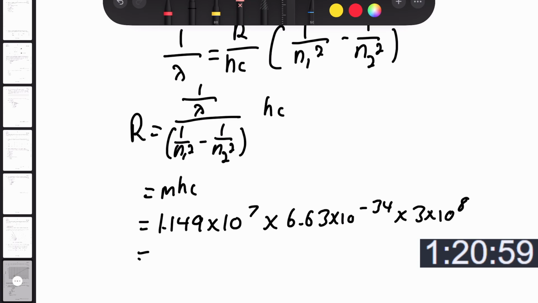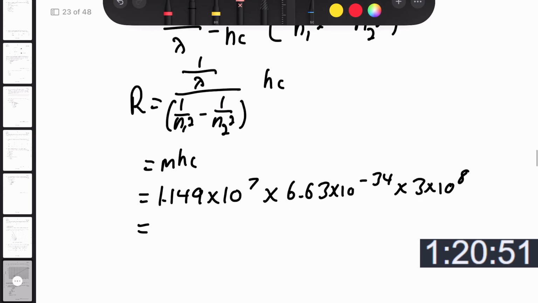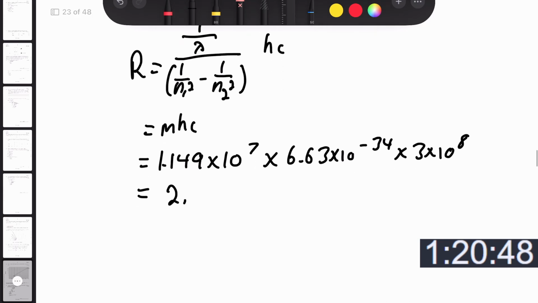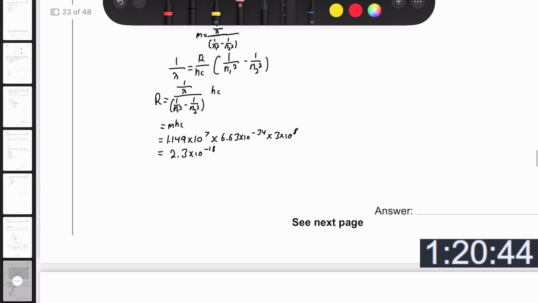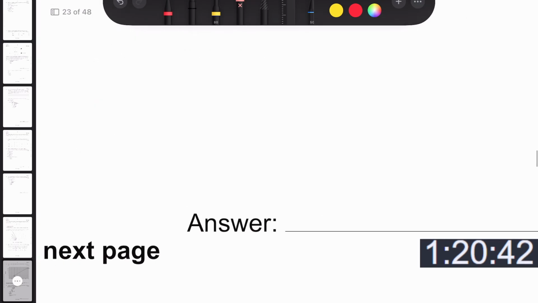That is 2.3, because 2 sig figs, times 10 to the negative 18.